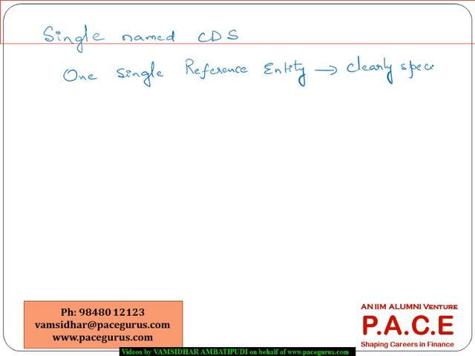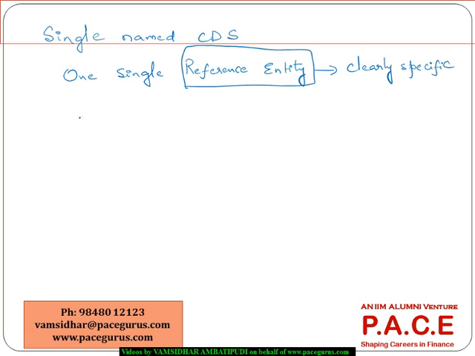The default on this particular bond, the default on this particular loan payment. It has to be very clearly identified, and that is the name associated with the single reference entity.